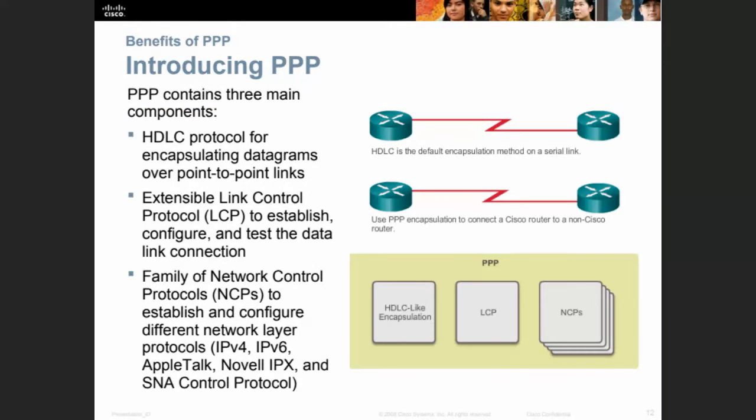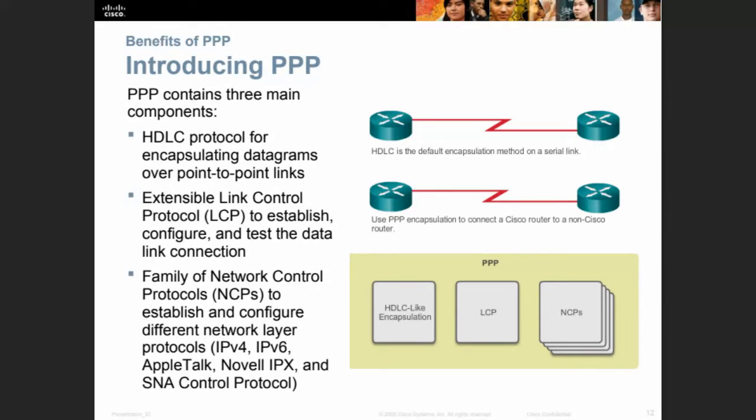PPP. PPP contains three main components. HDLC for encapsulating datagrams over point-to-point links. Extensible Link Control Protocol, LCP, to establish, configure, and test the data link connection. And the NCPs, which are Network Control Protocols, to establish and configure different network layer protocols.